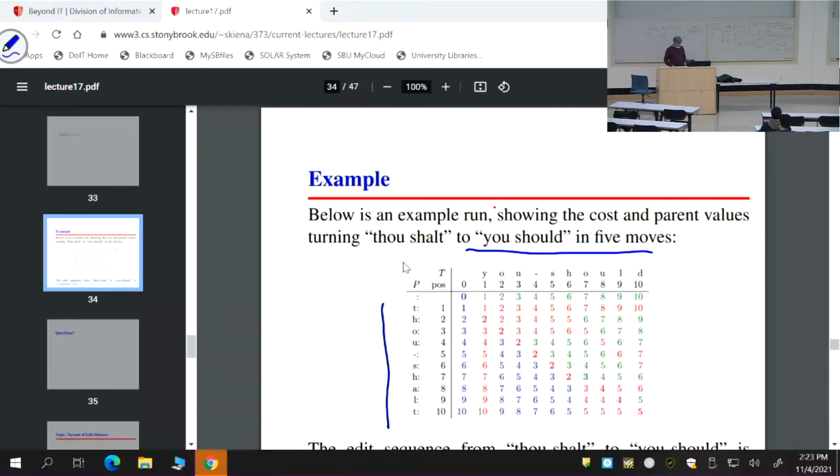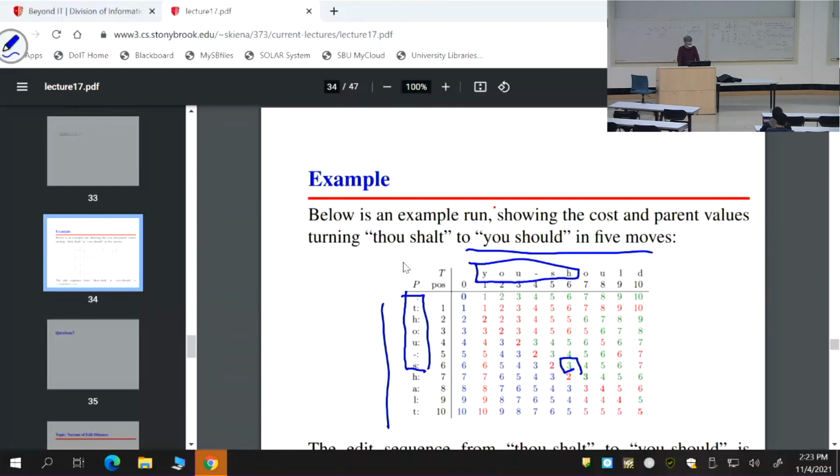In general, what do we know? For any cell in this matrix, let's take an interesting looking cell here. What do we want to know? In this case, we want to know how much does it cost to edit thou to you should.